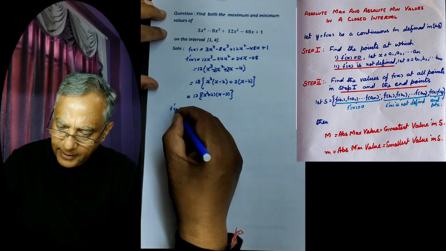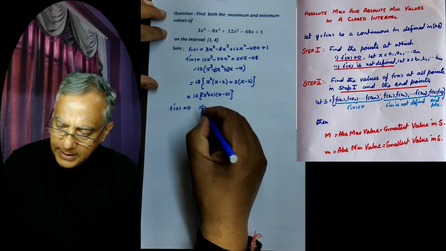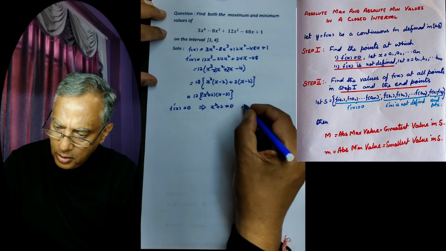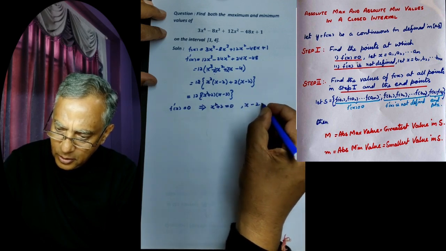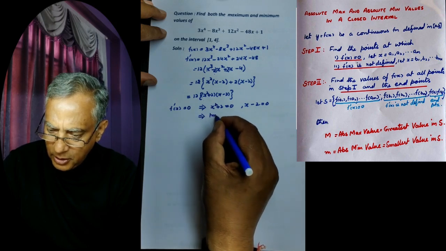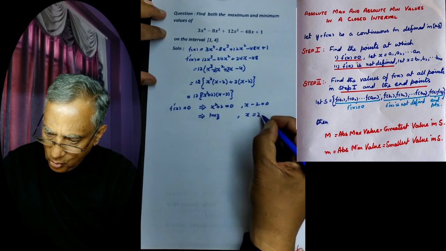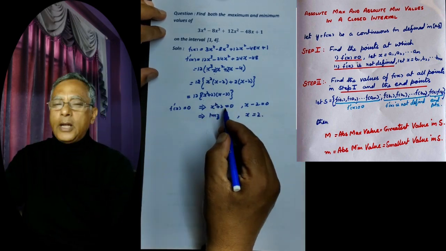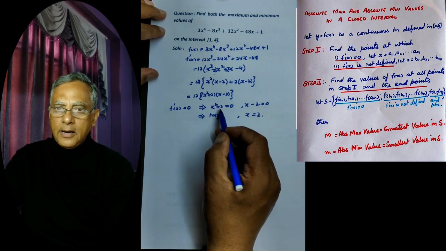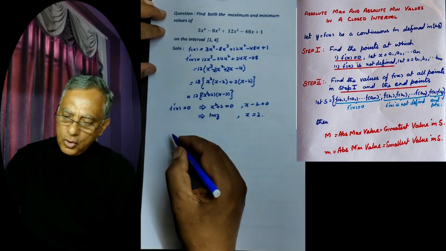Now let f'(x) be equal to 0. This implies x square plus 2 is 0 and x minus 2 is 0. The first gives x square equal to minus 2, and a square is never negative in real numbers, so this is rejected, and we get only x equal to 2.